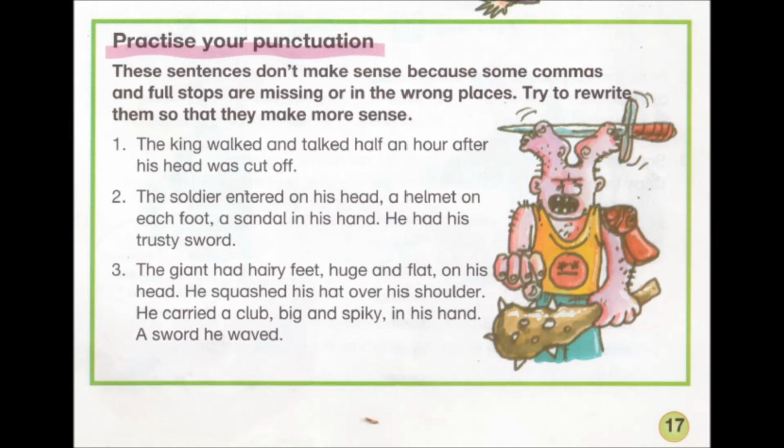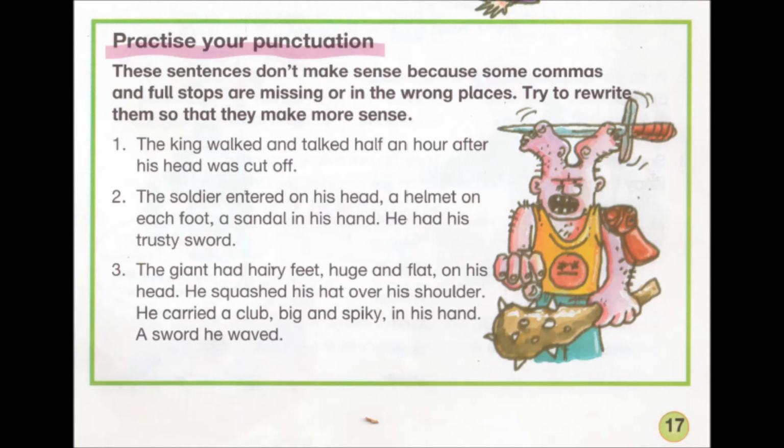The soldier entered, on his head a helmet, on each foot a sandal, in his hand he had his trusty sword. Your job, I haven't helped you with my voice, I haven't used the right expression. So your job is to, again, punctuate that correctly. The giant had hairy feet, huge and flat on his head. He squashed his hat over his shoulders.